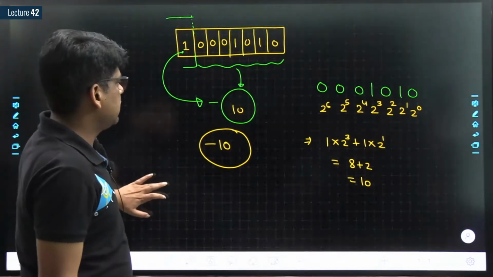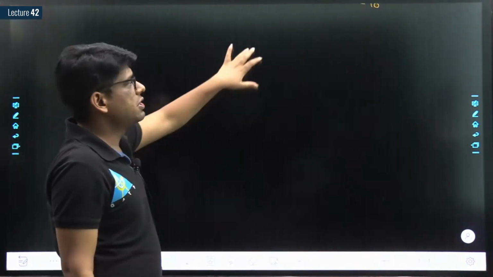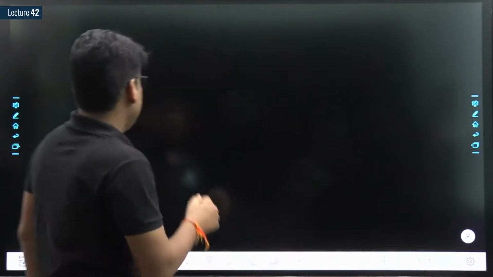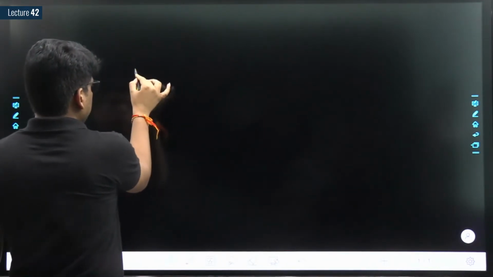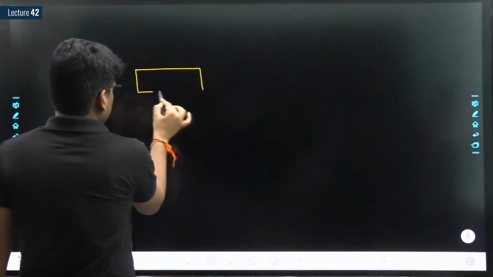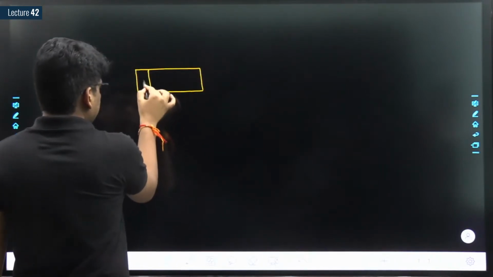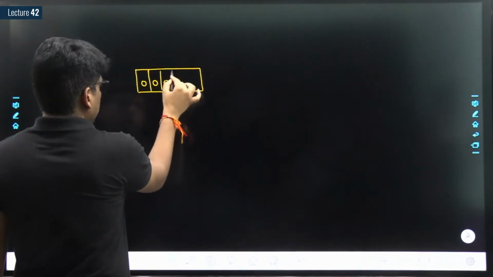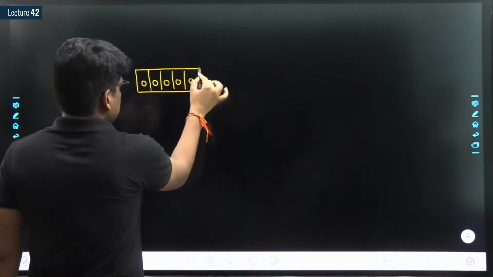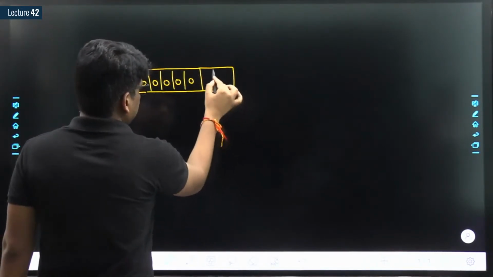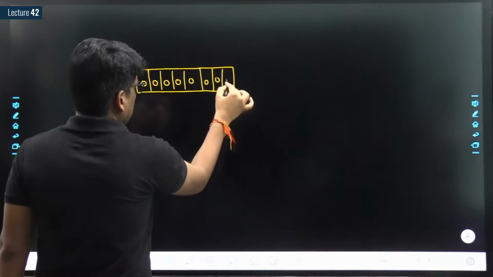Okay, done. What is the problem with this number representation? Let us assume we have an 8-bit number. What is this number?